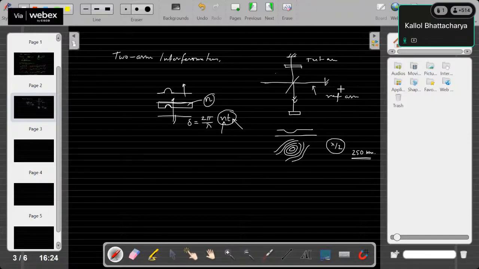Accuracy means, you see, these mirror surfaces have to be perfectly flat, because if the mirrors and the beam splitters themselves introduce a distortion of the wavefront, which they can do if the surfaces are not perfectly flat. And when you're talking of flat surfaces, for example in quantum optics experiments, flatness in optics would mean lambda by 4 is the minimum requirement. What it means is that a flat surface looks flat, but microscopically it is not flat.